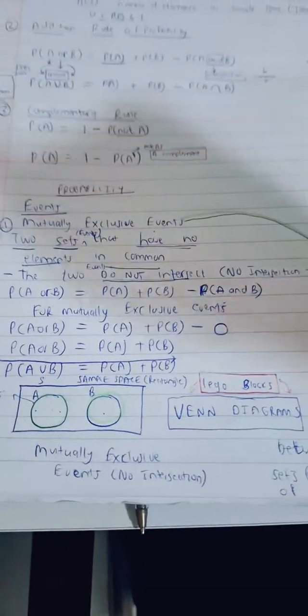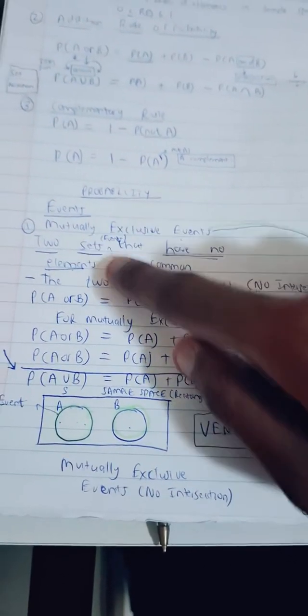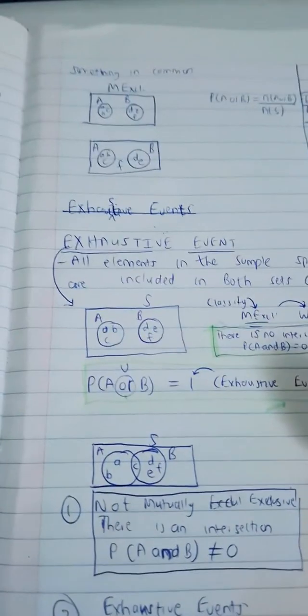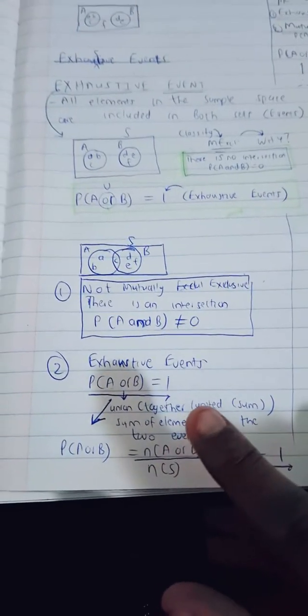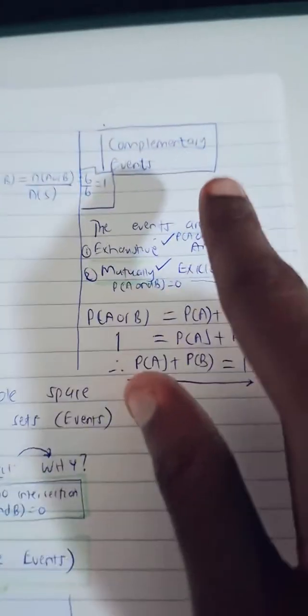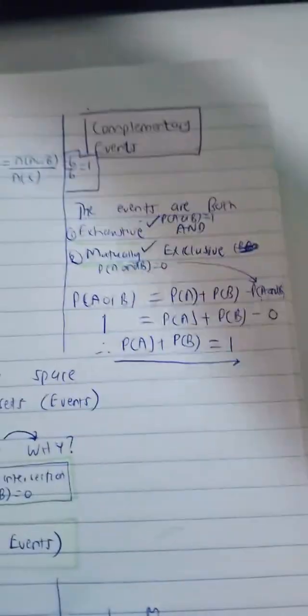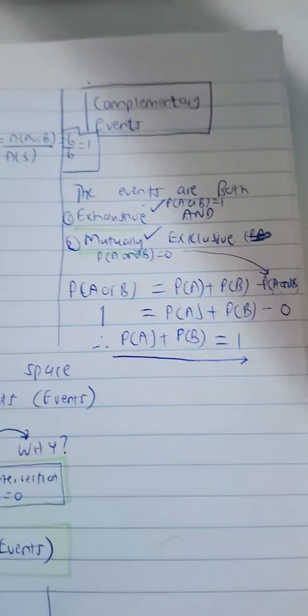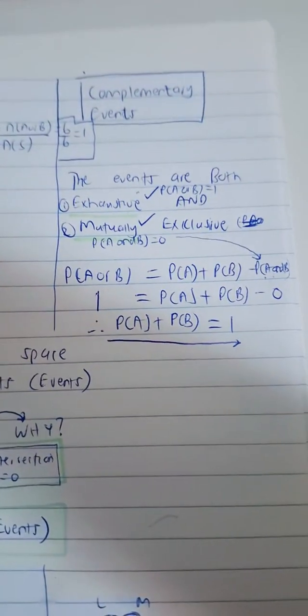You have mutually exclusive events. We looked at the Venn diagram with the addition rule and how that affects the addition rule, since we know the probability of A and B is equal to 0 for mutually exclusive events. Then we looked at exhaustive events. Then we looked at complementary events. And this is where we are ending for tonight. No problems, no exercises, just the conceptual basic understanding of these.